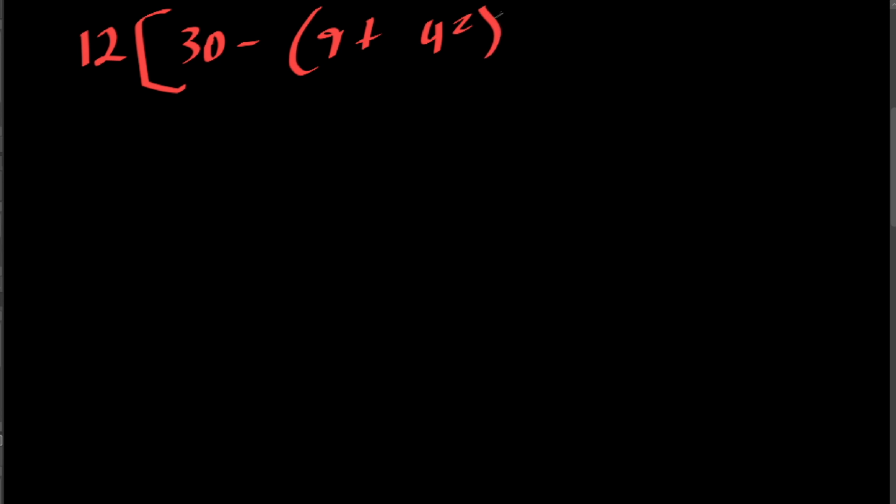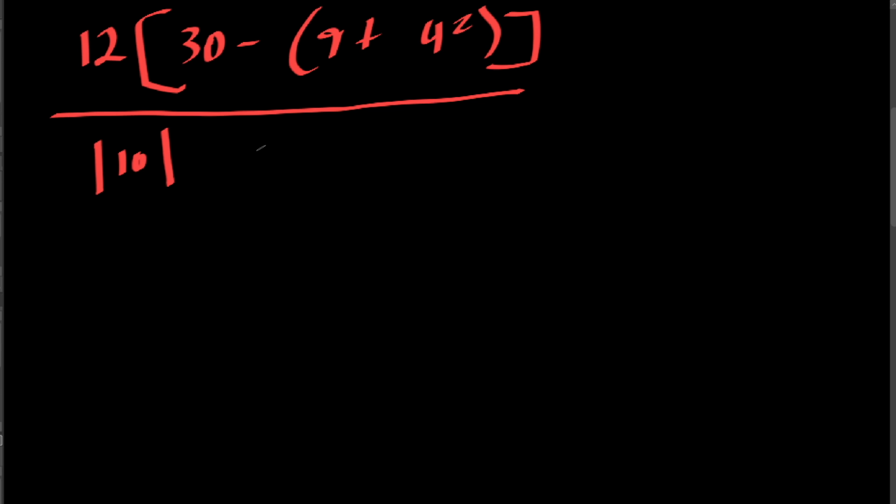Let's say we have 12, then we're going to have a bracket. I'll tell you what that means in a second. 30 minus, parentheses, 9 plus 4 squared, end our bracket, all over the absolute value of 10 minus the absolute value of negative 6.